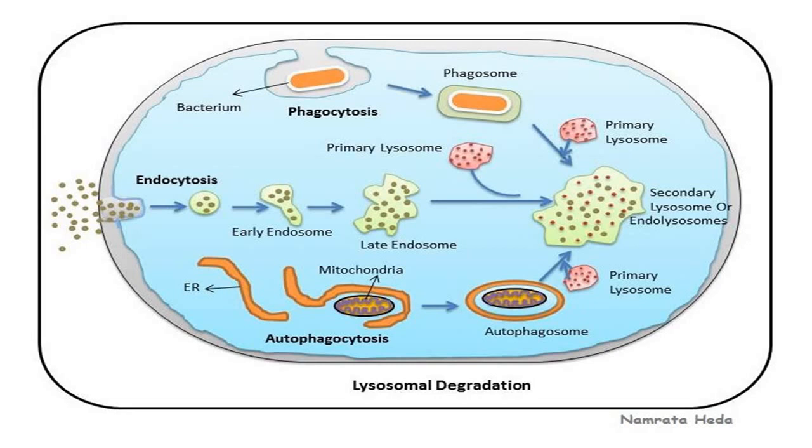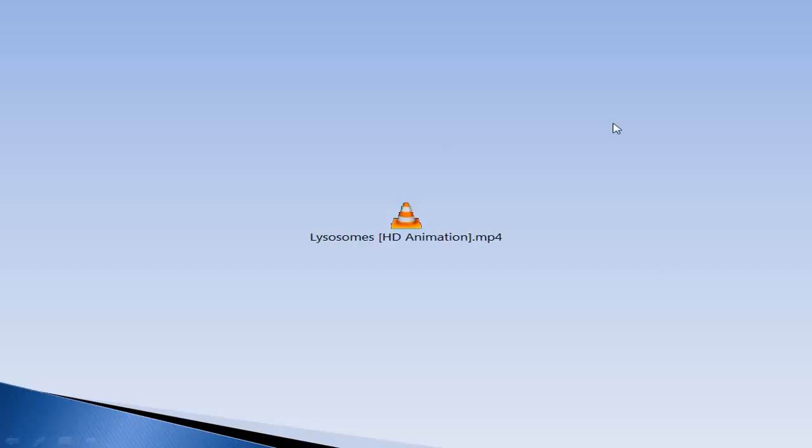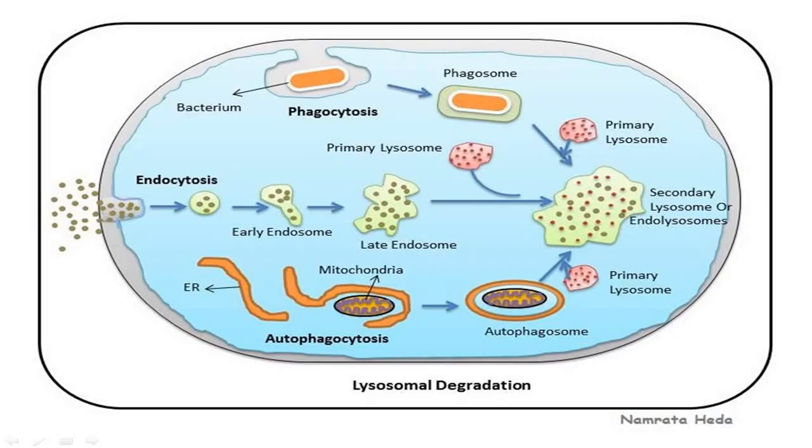This is a figure that shows three different types of vesicles which are formed by three different types of processes. As you can see, phagocytosis is the taking in of solid particles. Here is a bacterium.